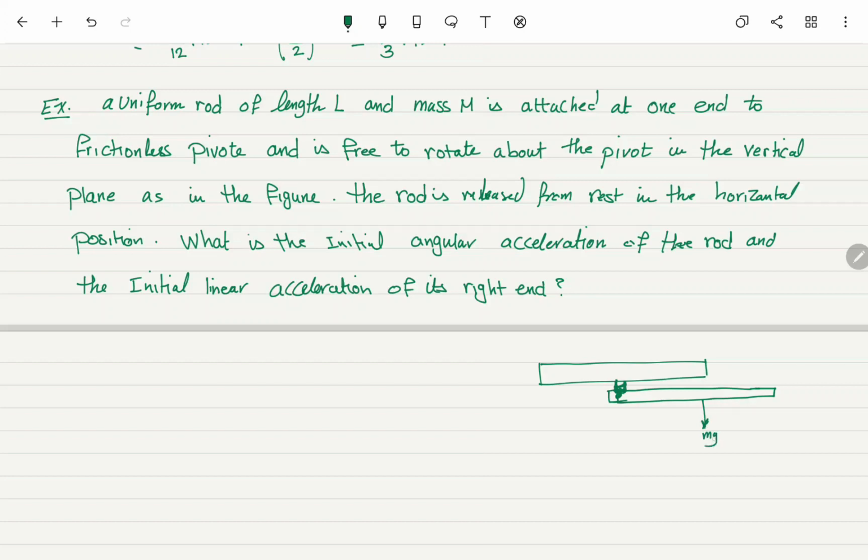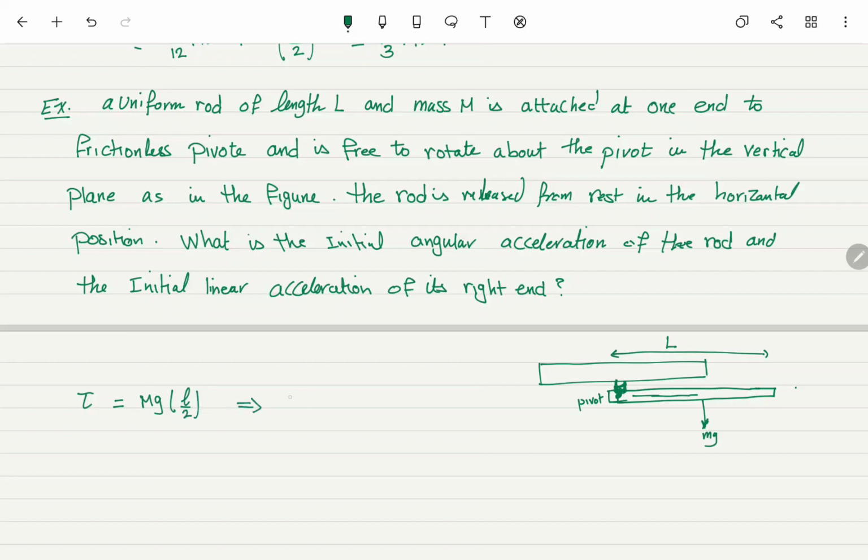This is mg, and this whole thing is L. Now to find the initial angular acceleration of the rod, find the torque. Torque equals R cross F. Now the arm R is this one here, and F is perpendicular. In this case, the force is mg, and R is equal to L over 2.